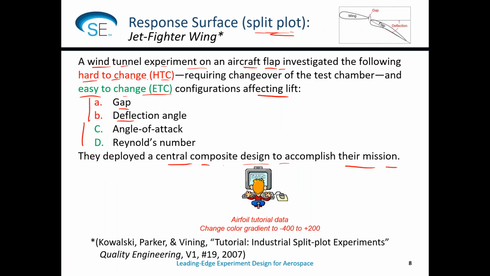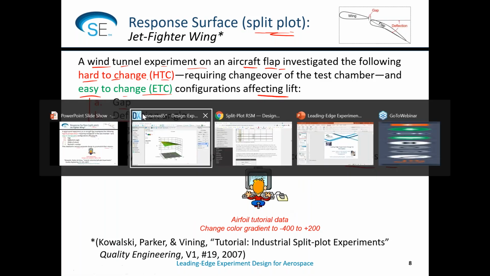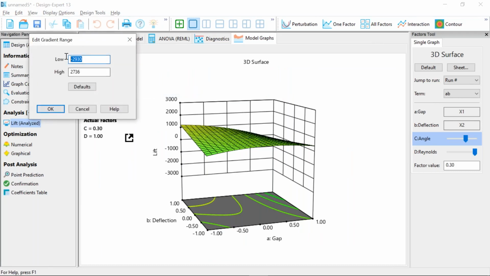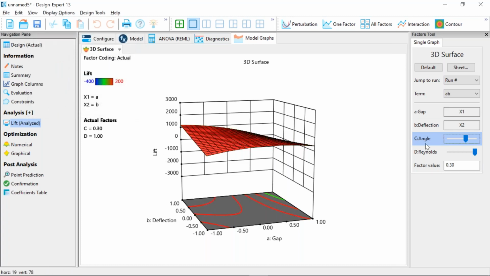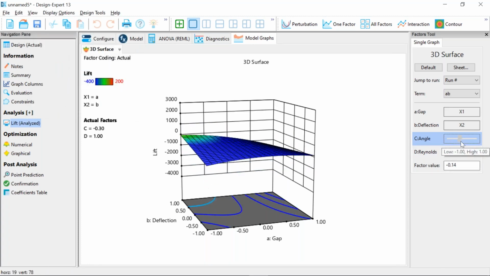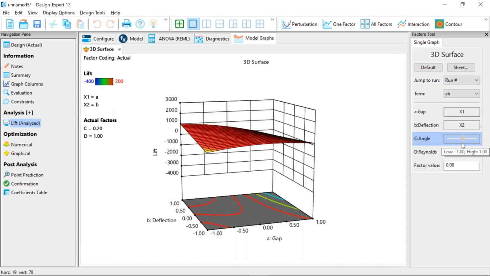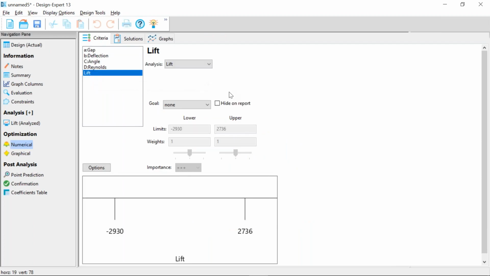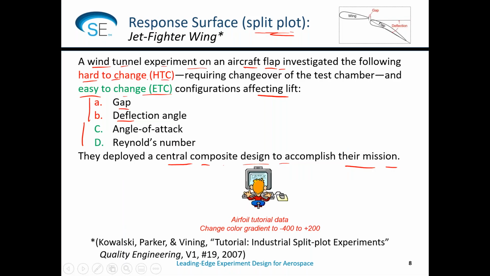I think my notes suggested that if we change the color gradient from -400 to +200, so you can change this color coding gradient. You can even reverse it for the people in the UK that go the other way around, and you can get different colors as you slide around. And then you could do some kind of numeric optimization, and I forget what the goal was, but it must be written up in the tutorial.